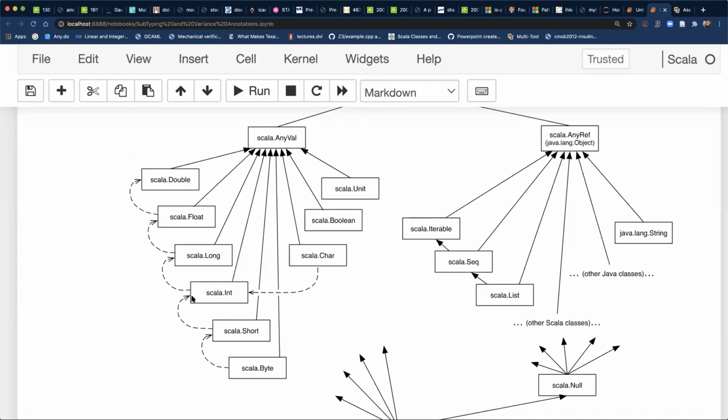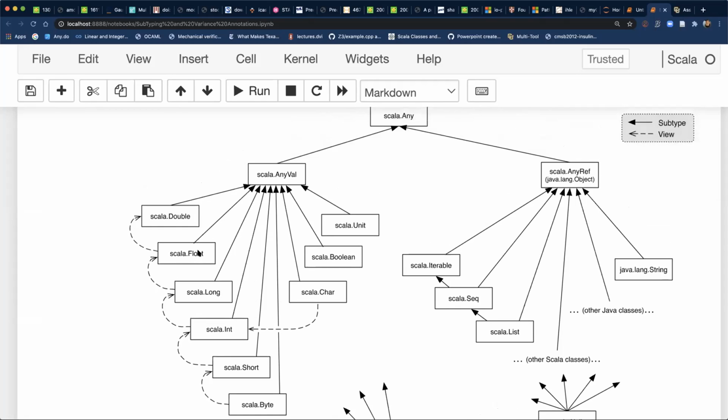These mean that there is actually a function that can convert your integer into a long, a function that can convert a long into a float, so a function that can convert an int into a float by applying these two functions. These are called implicit conversions. I will explain a little bit of implicit conversions on Thursday, and conclude this course by talking about what Scala does with these typecasting operations. But these aren't subtypes.